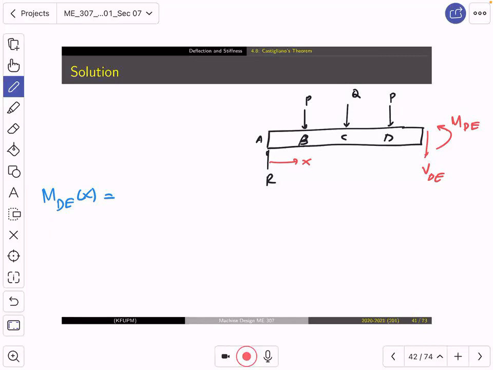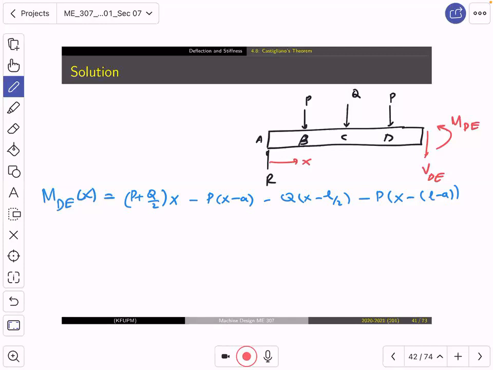So I will have P plus Q over 2 times X, minus P times X minus A, and then minus Q times X minus L over 2, and then the new part, which is plus P multiplied by X minus L minus A. So any distance X which excludes the last segment, which is of length A. The last segment is of length A. Do you understand that?